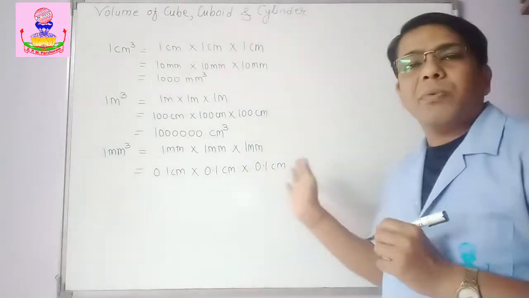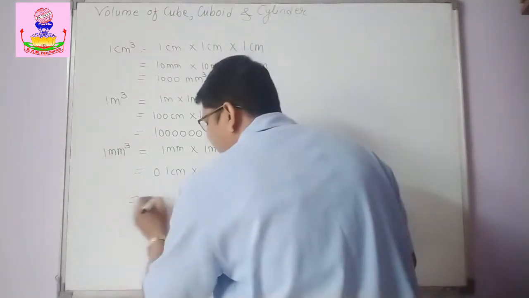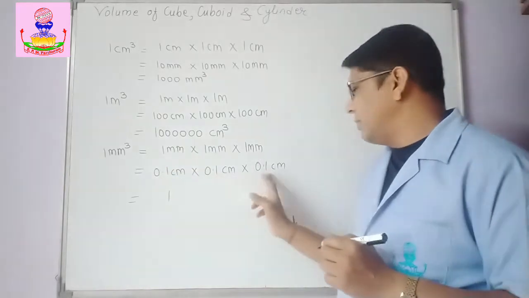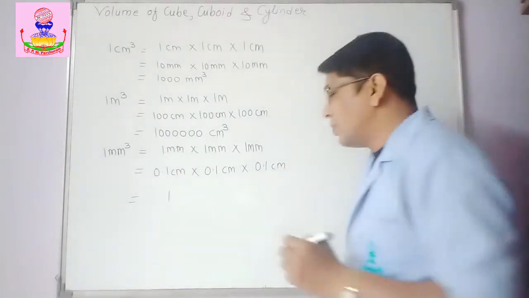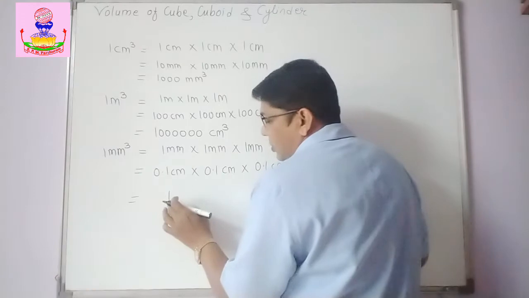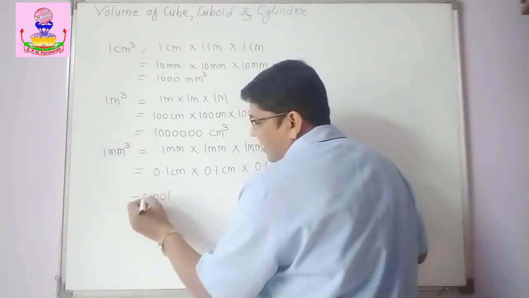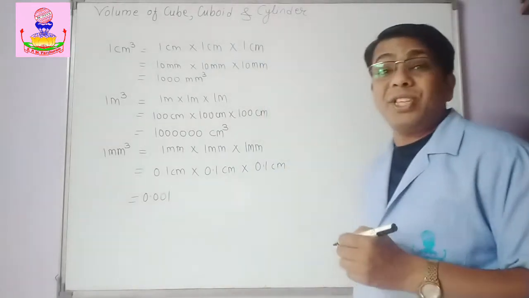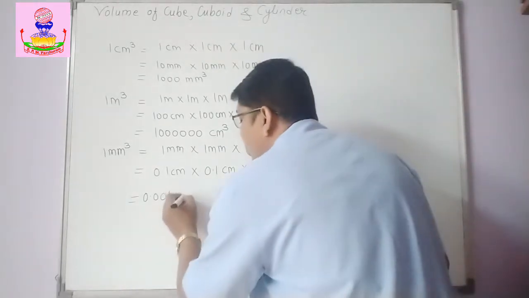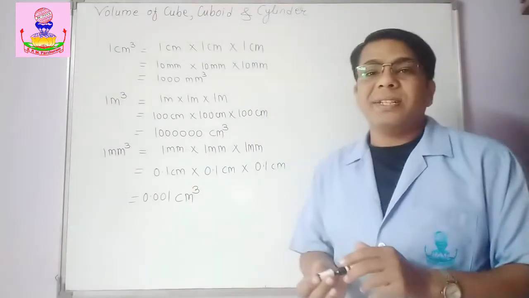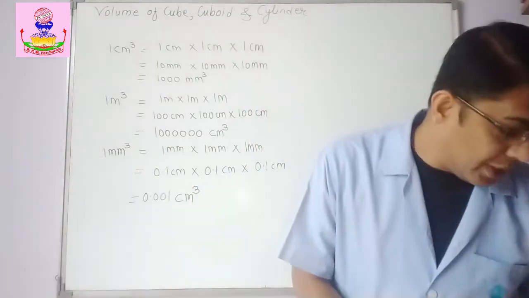Now 1 ones are 1, but there are decimal points. So 1, 2, 3 digits after the decimal point. So the decimal point in the product should be after 3 digits. 1, 2, 3. So 0.001 cubic centimeters. Okay, so these conversions you should know.